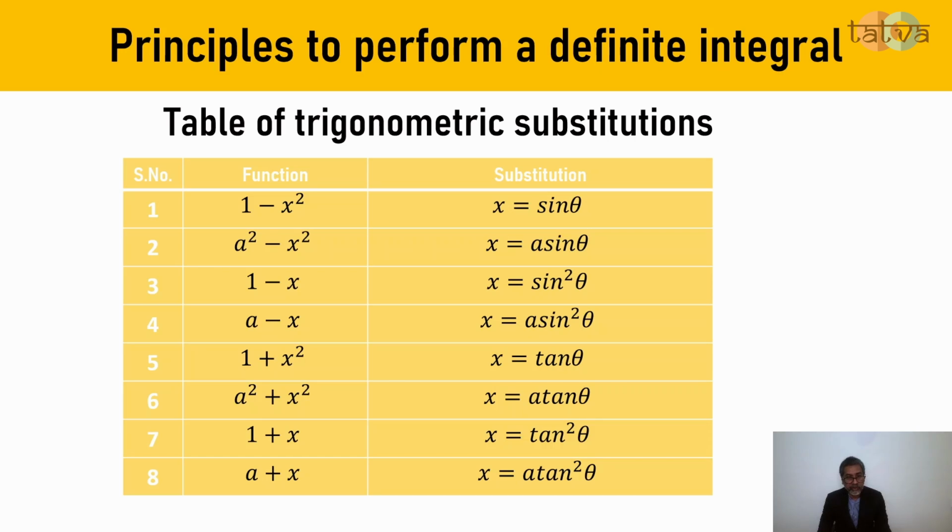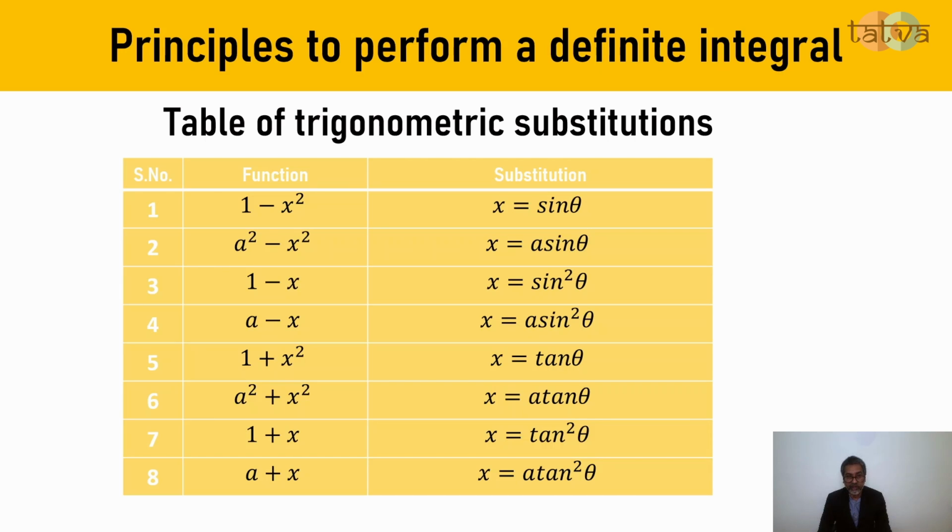This is again a very, very valuable table that can be used whenever you are integrating functions. And you can see in this table, for a given function, what is the substitution that we must adopt. For 1 minus x squared, x is equal to sine theta is a natural substitution, because 1 minus sine square theta becomes cos square theta.